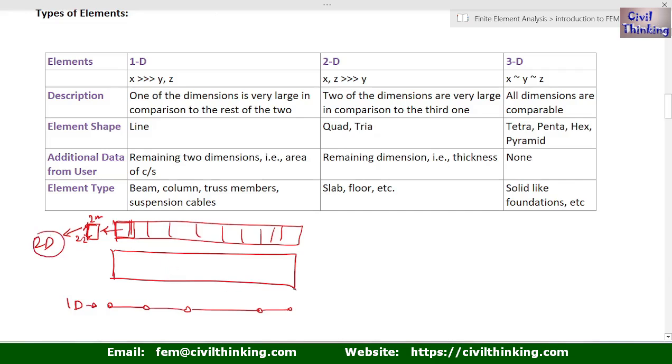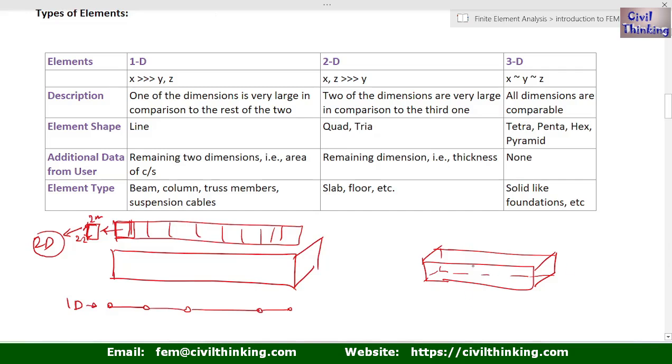Now the same body we can analyze like a 3D, okay. If I draw it here, okay.